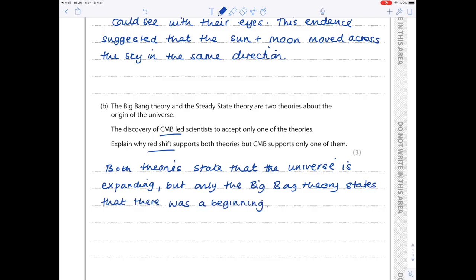And so if we now look at our pieces of evidence, let's first of all take redshift. Now, light from distant galaxies is redshifted, which means it has a longer wavelength, therefore indicating that these galaxies are moving further away from us. So actually, the redshift theory does indicate that the universe is expanding and therefore supports both the Big Bang Theory and the Steady State Theory.